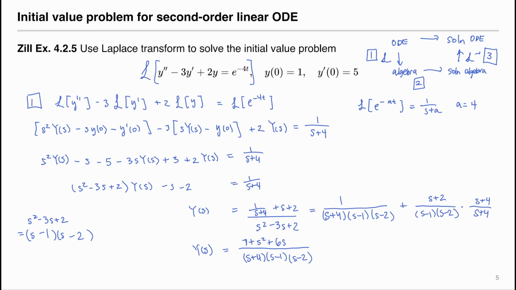Right, so we have solved, or transformed, the ODE to an algebraic problem. Now we need to do partial fraction expansion in order to get the algebra in terms of the tabulated expression for the inverse Laplace.